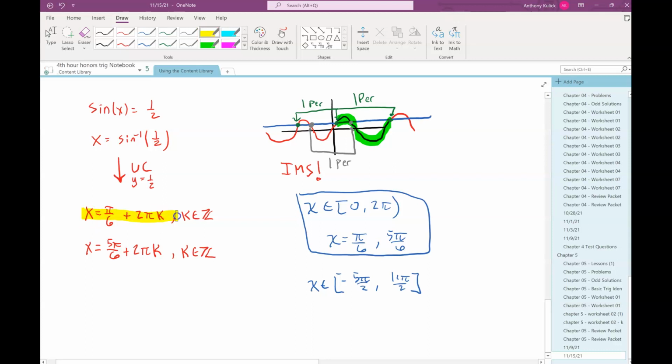Well, I'm just going to use these infinite solutions that we had generated to just keep finding answers until I get things that are outside of my interval. So let's start with the first solution, pi over 6 plus 2 pi k. Pi over 6 is kind of my base solution, right?